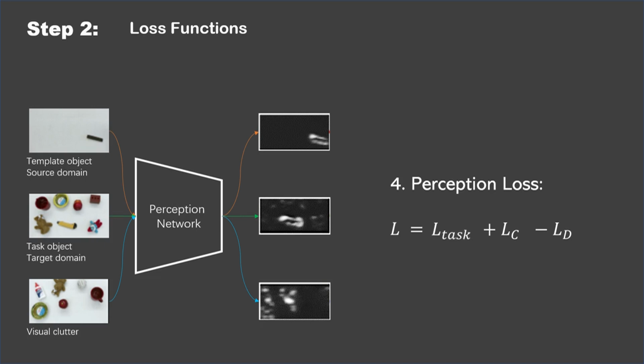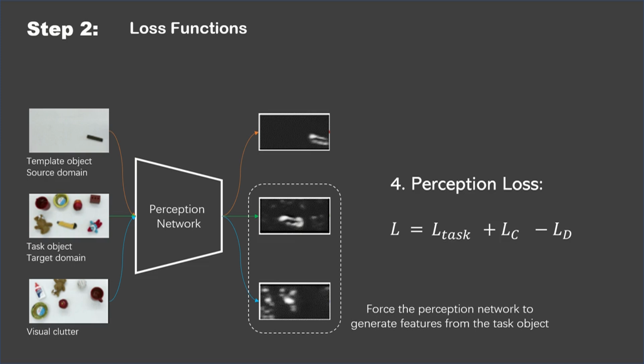The perception network should adjust its parameters to generate features that minimize the task loss of the template object, meaning that the feature should be sufficient to generate the correct trajectory. The perception network should also minimize the classification loss, which forces the network to generate features located on the task objects. Otherwise, the classifier will not be able to tell the difference between the task object and the visual clutter.